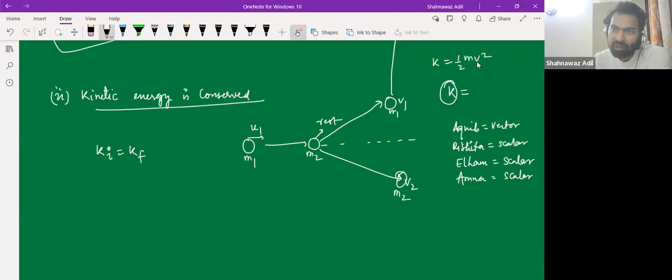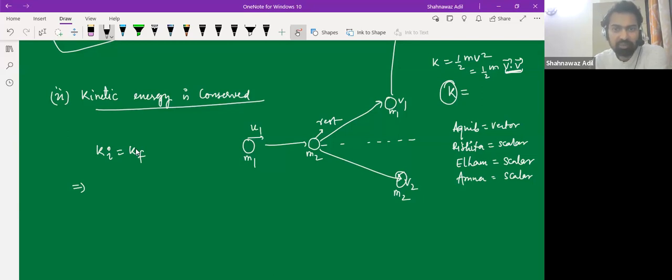Velocity is a vector, but v square is v dot v, a dot product, which is a scalar. Scalar into scalar is a scalar. So we don't have to worry about those directions.